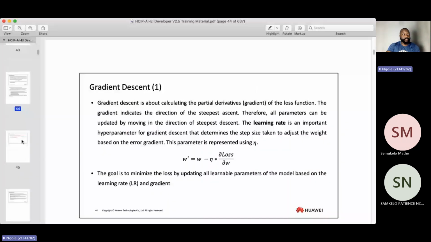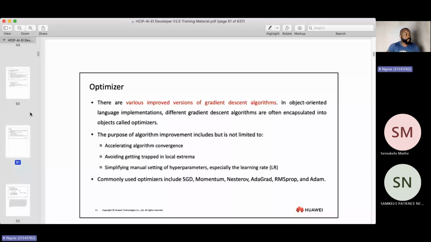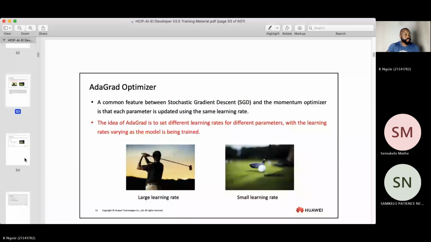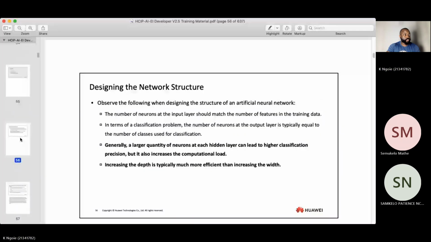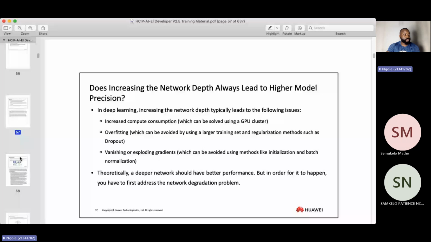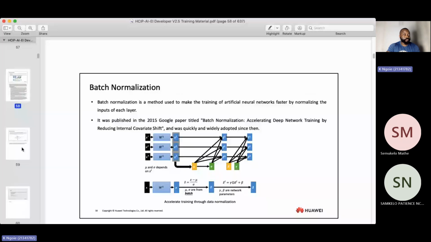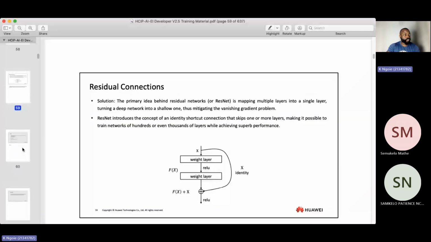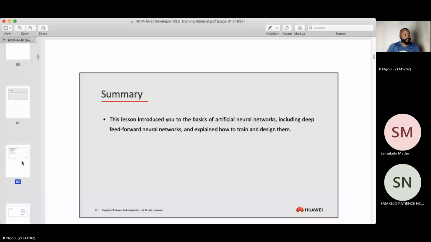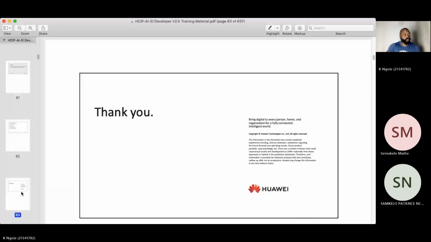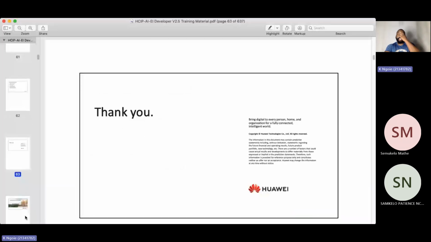So last time, the last thing that we saw, we're done talking about neural networks, and we got to image processing.